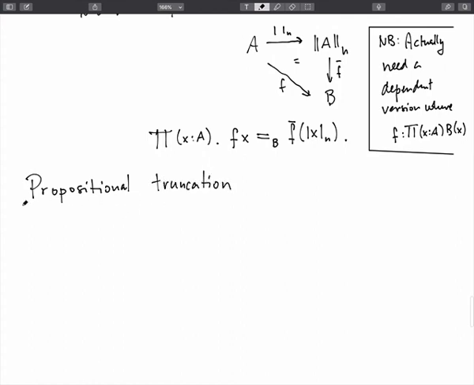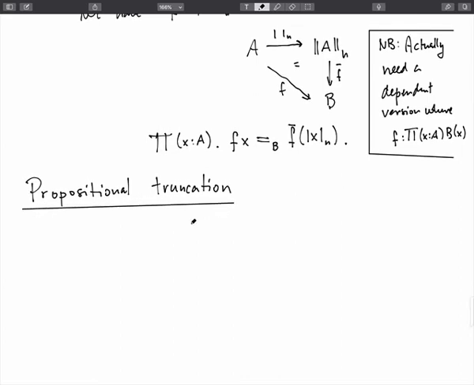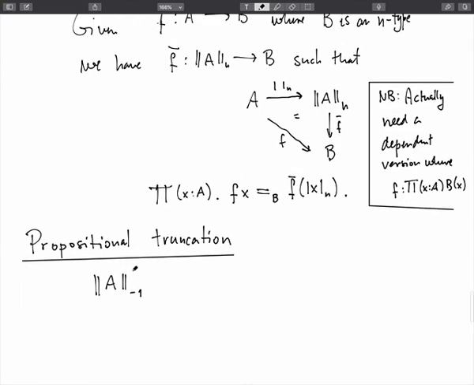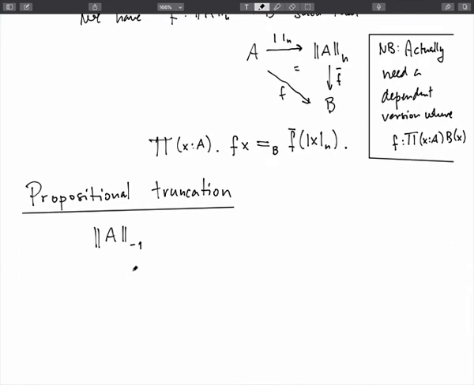What does this do? Well, that's just the bar a minus 1 truncation. So how do you view this? What does this one do? Okay, so this one just glues all the points together.